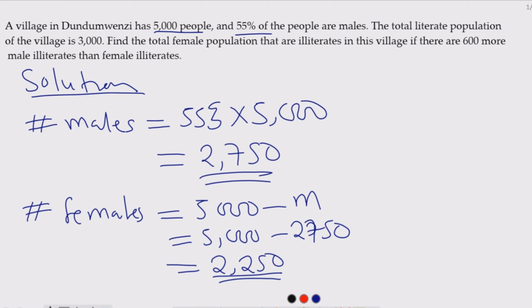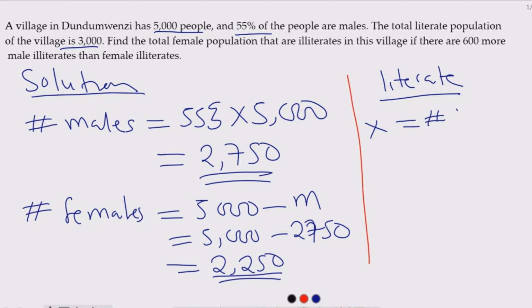Then what we know is the total number of literate population is 3,000. So in this case, we are looking at the literate population. Let X be the number of literate males, and let Y be the number of literate females in this population.